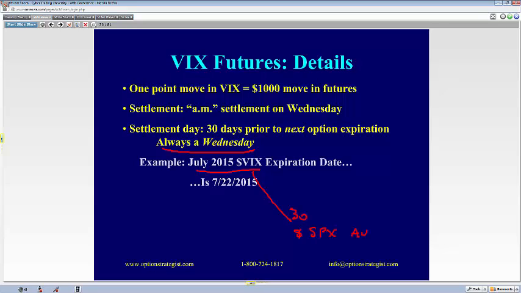So when SPX August options expire, that happens to be first. If we backed up 30 days, this is when the July futures expire. So this is just something to get used to. If you're used to trading futures options, you know that they often have odd expiration dates. But this is clearly just a little bit of a difference from regular stock options.